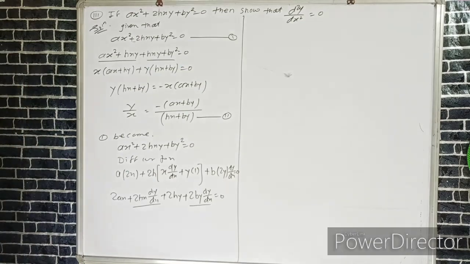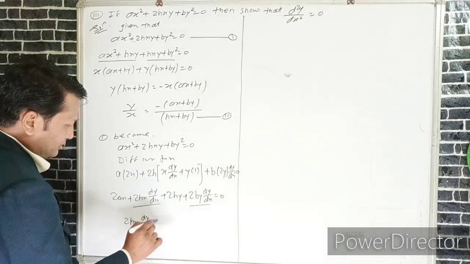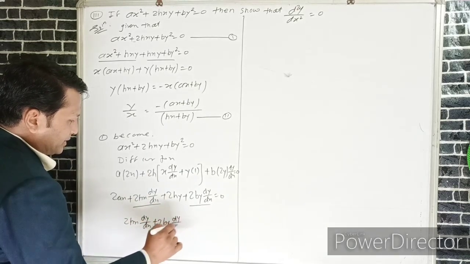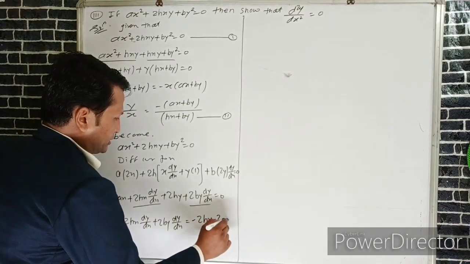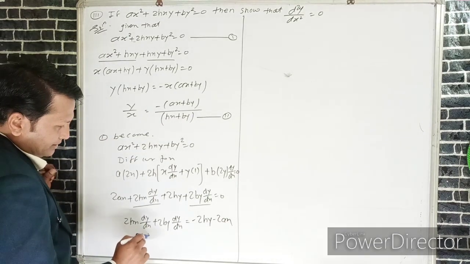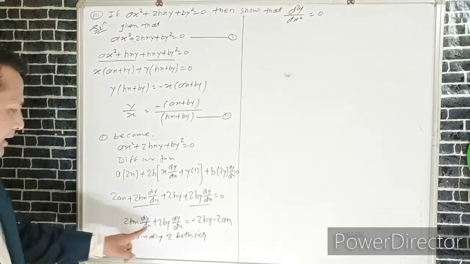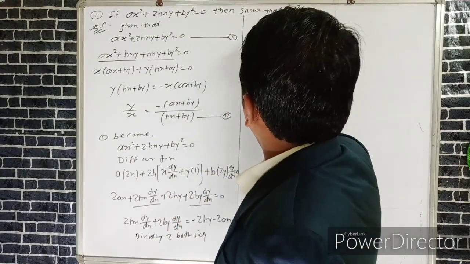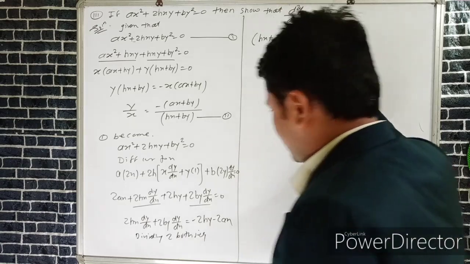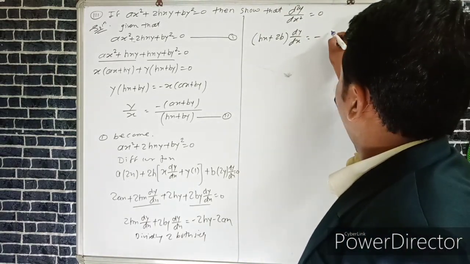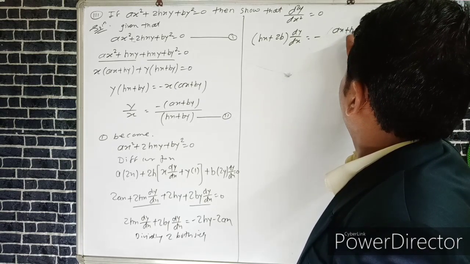We can take dy by dx common from both terms. We can write 2hx dy by dx plus 2by dy by dx equals minus 2hy minus twice ax, dividing by 2 on both sides, and if we take dy by dx common from both terms, we can write hx plus by into dy upon dx equals minus in bracket ax plus hy.